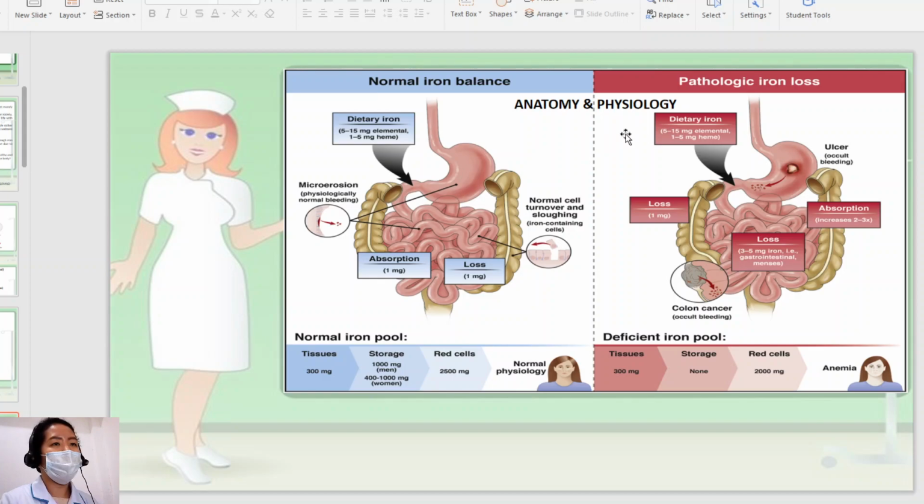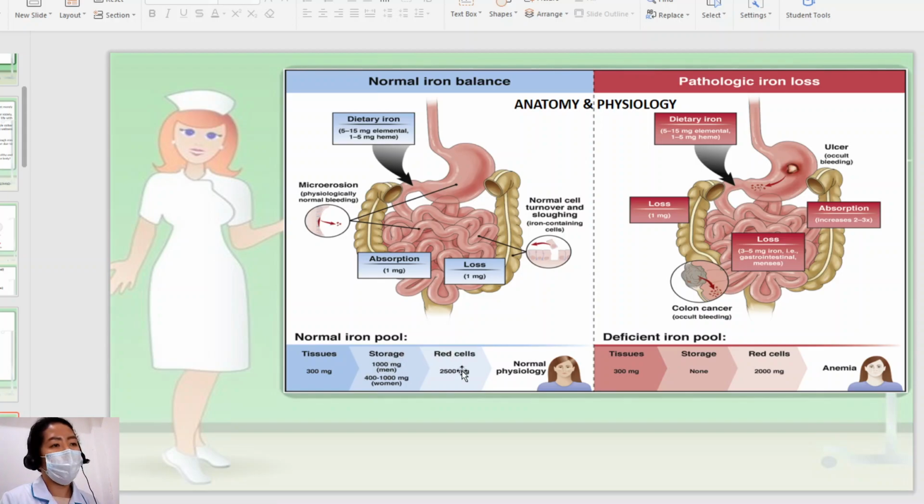This is the anatomy and physiology of iron, the normal iron balance and the iron deficient. So when you have an iron balance, when you intake 300 milligrams of iron, it goes to tissue, where it will store about 1000 milligrams for men and 400 to 1000 milligrams for women.